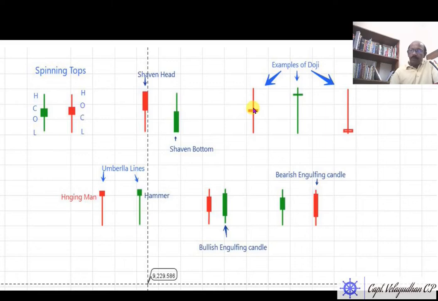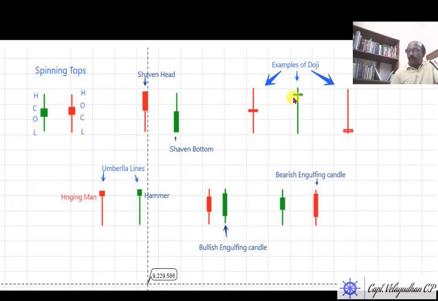That means after opening, the market might have come down or gone up as bulls took control, then it pulled down again and closed very close by. That's the reason bulls and bears are of equal strength.